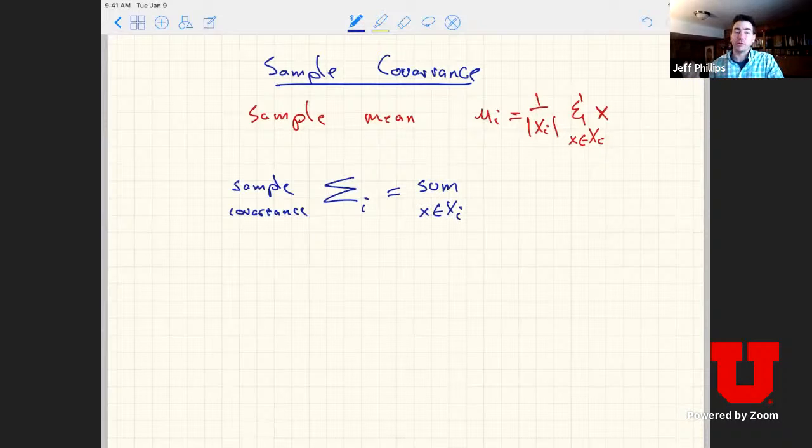I'm still going to sum over all the data points I have, but now I do x minus mu I, right? I'm taking the difference from the mean. Remember, the variance is the average squared distance from the mean. With the covariance, I want to capture the vector information, so I'm going to do an outer product.